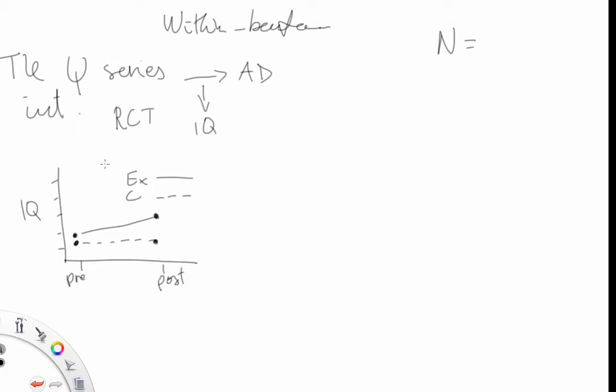So the question is, I'm looking for a within change, so an improvement in the experimental relative to pre, relative to post, but I'm also looking for a between group difference, so a greater improvement in the experimental relative to the control at post.